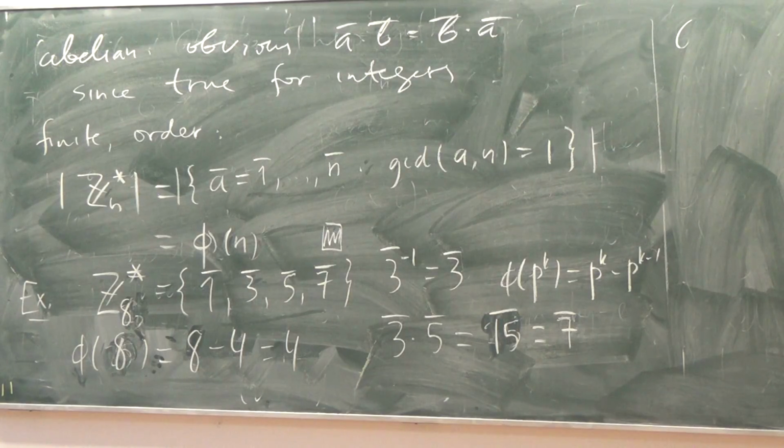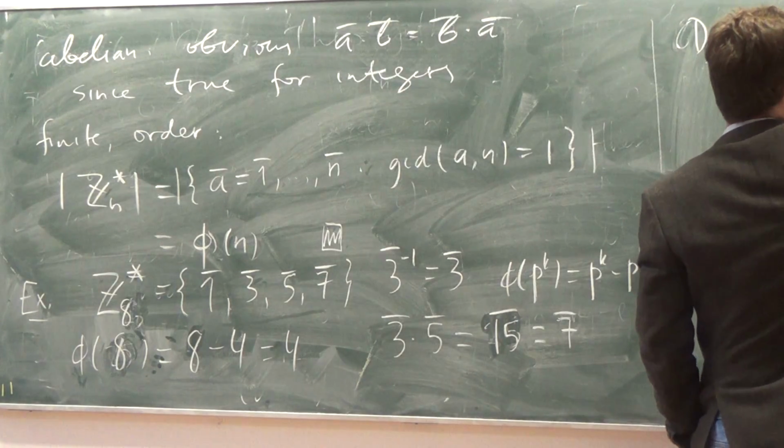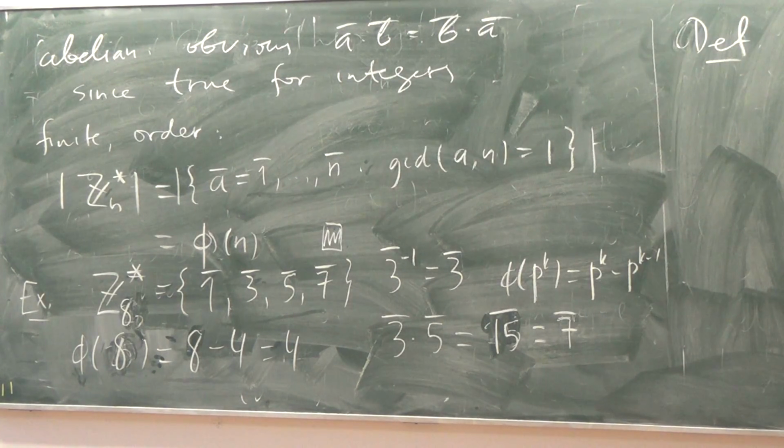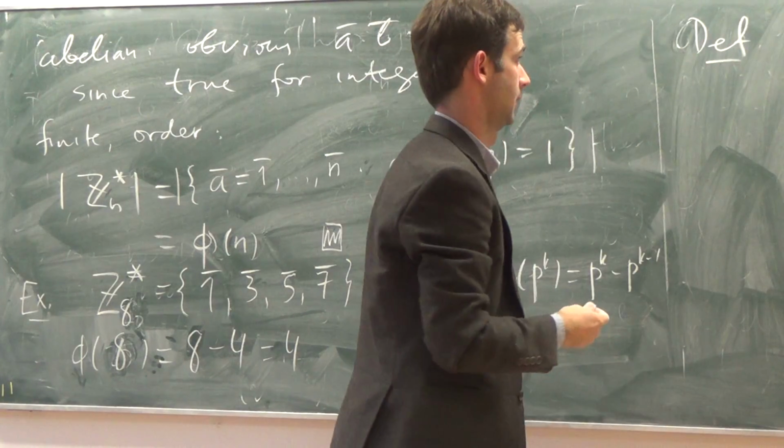So we need some more definitions now. Let G be a group, and let small g be an element. Let's assume G is a finite group, finite as a set.